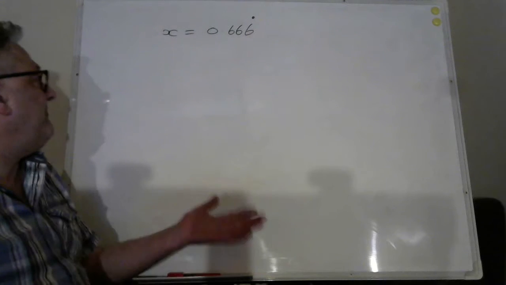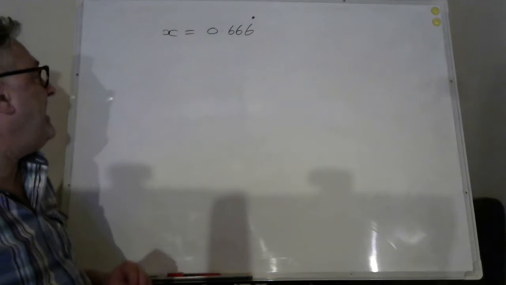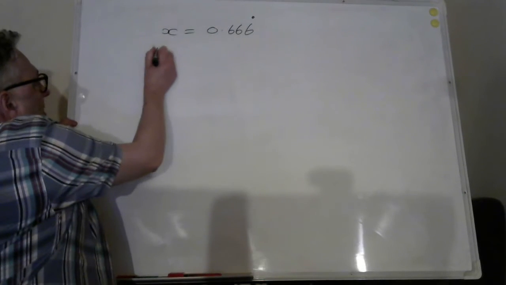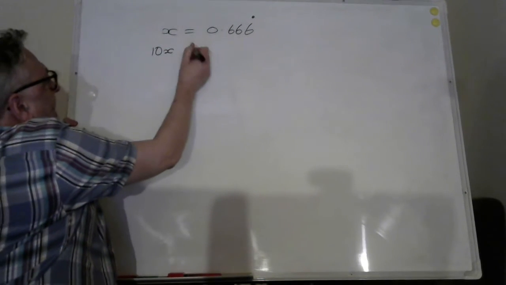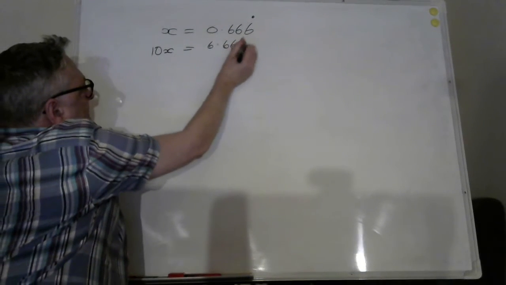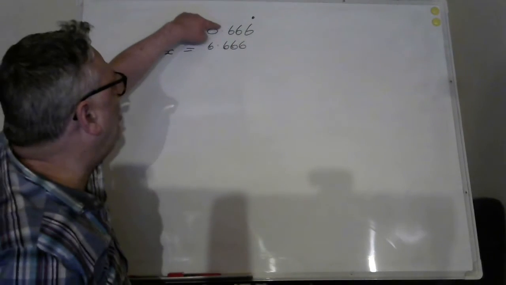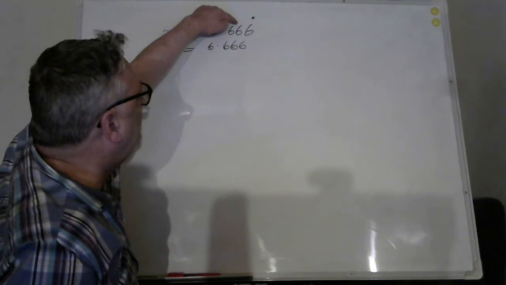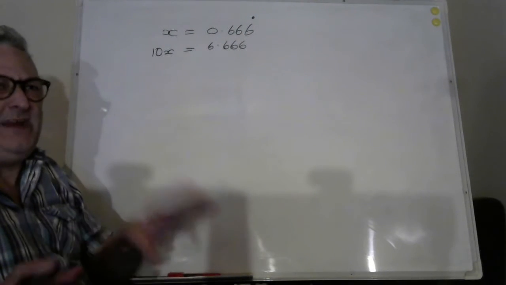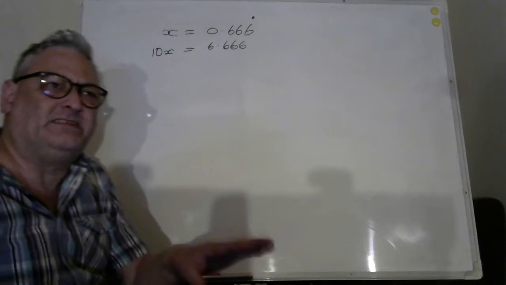Well, let's see if we can work something out. Let's try multiplying by 10 again. So we get 10x equals 6.666. So the decimal point moves up 1, and you just add on another 6, just for consistency.